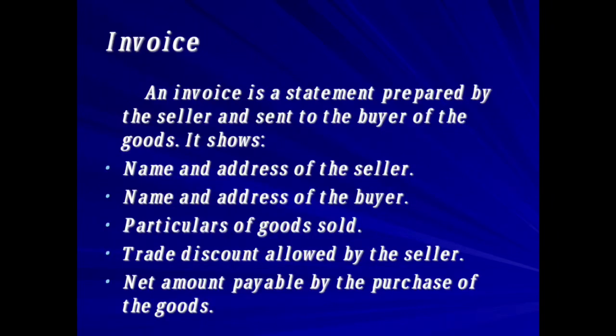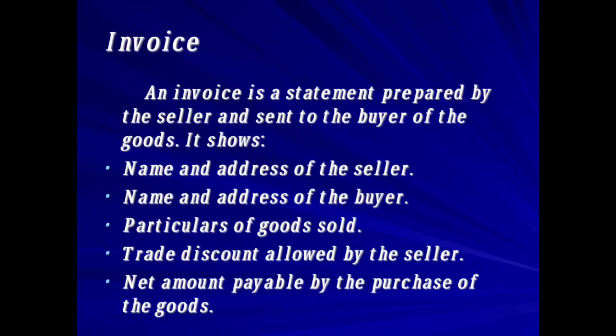Then the trade discount allowed by the seller. If any discount has been given, that discount also will be recorded in that bill. Then the net amount payable by the purchaser of the goods: after the discount, how much net amount we have to pay to the seller, that will be given. This is called an invoice.